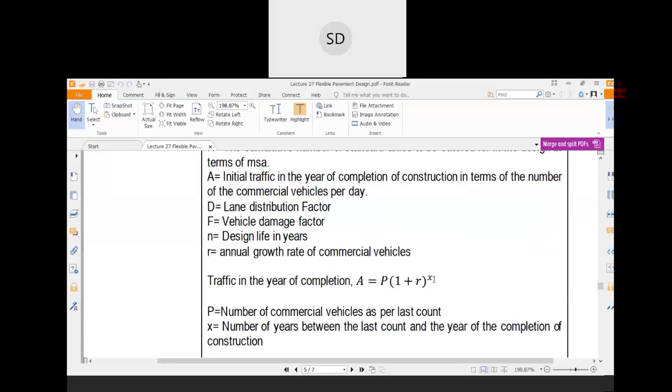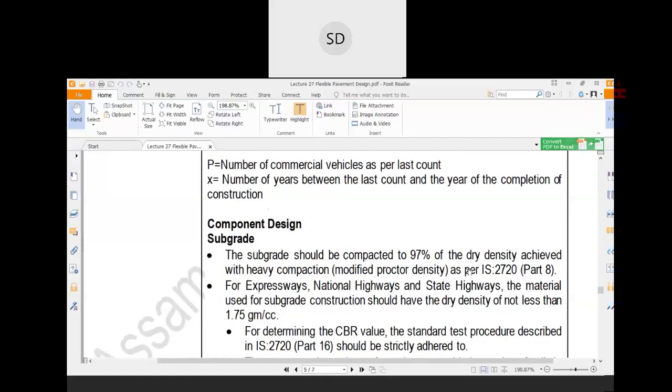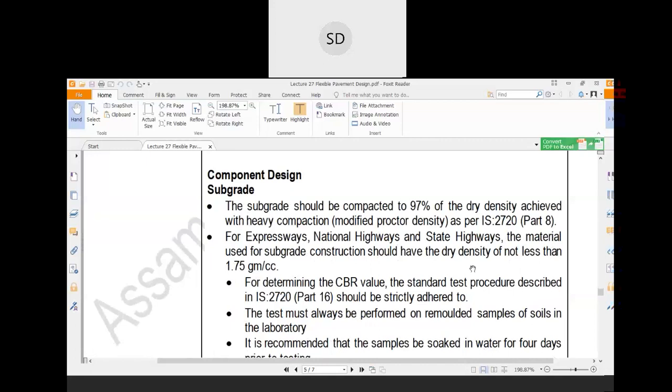So here x would be 5, that is 2023 minus 2018, that is the number of years between the last count and the year of completion of the construction.